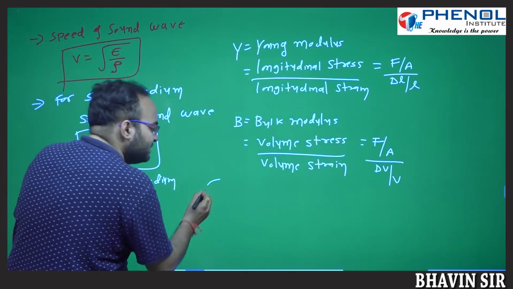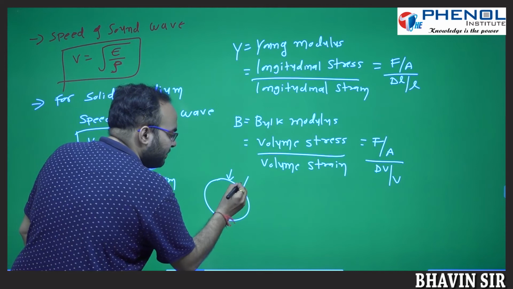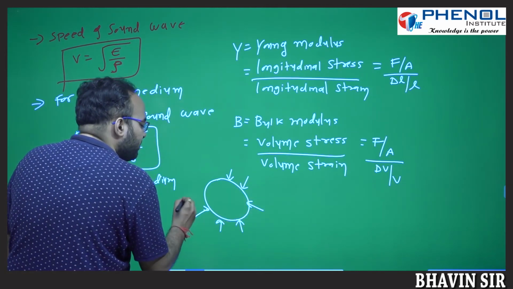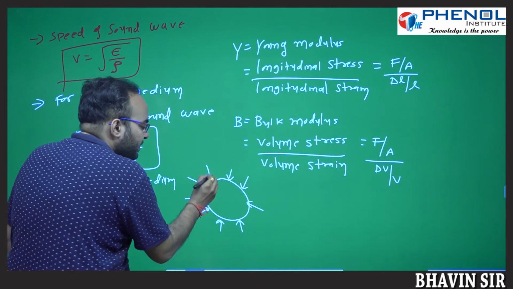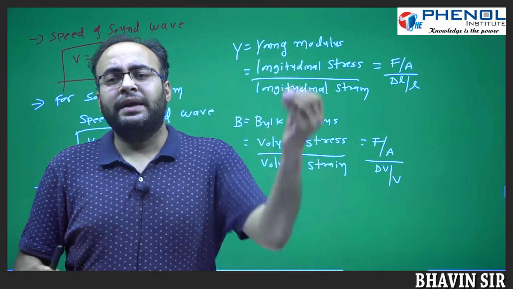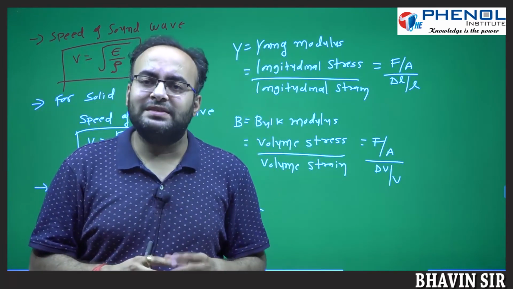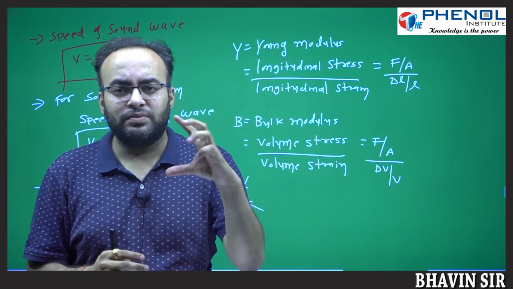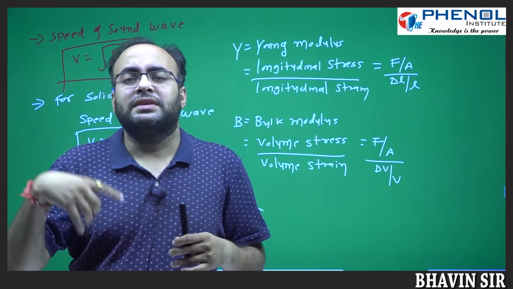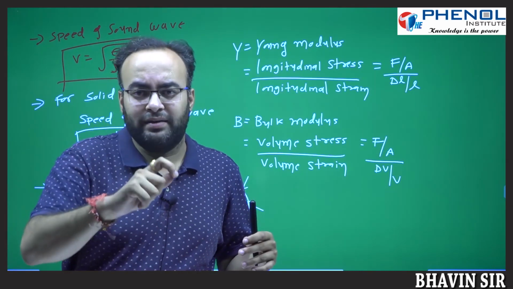See, volume is changed when force is applied to each and every part of a body. If force is applied to each and every part of the body, then and only then is the volume of the body changed. Suppose you have a balloon and you want to blow it up and increase its volume, this is done by the air.